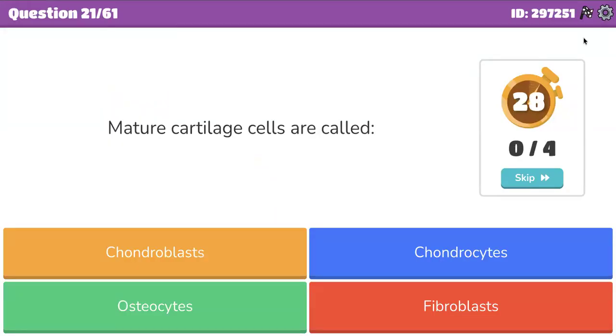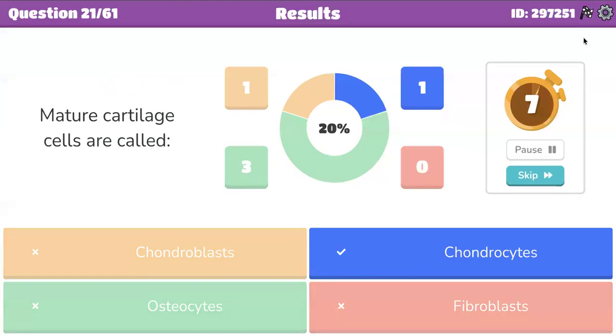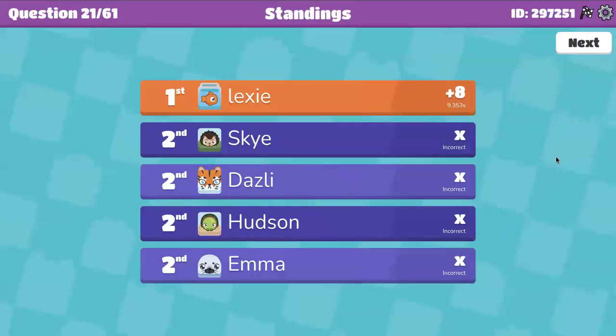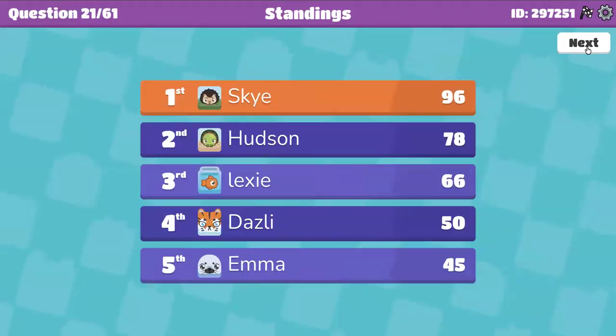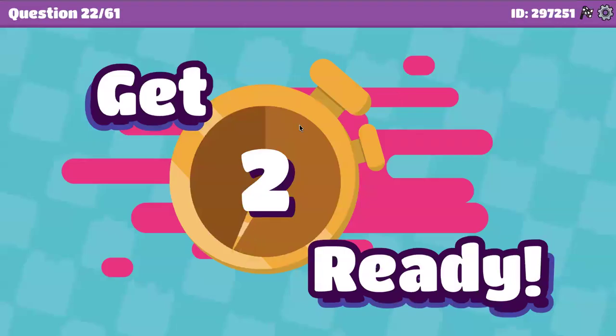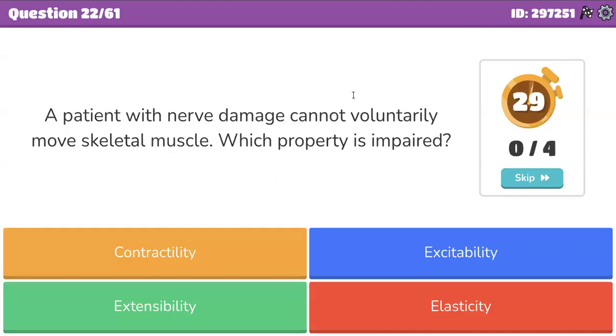Mature cartilage cells are called chondrocytes. Chondrocytes is for cartilage, osteocytes is for bone, because osteo is the word for bone. A patient with nerve damage cannot voluntarily move muscle.